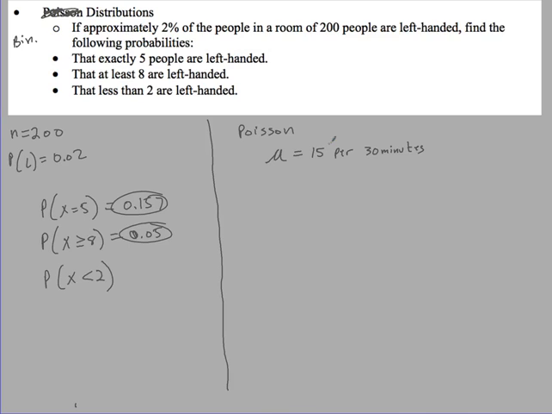Then I'm going to say find the probability that the worker will see greater than 35 customers.